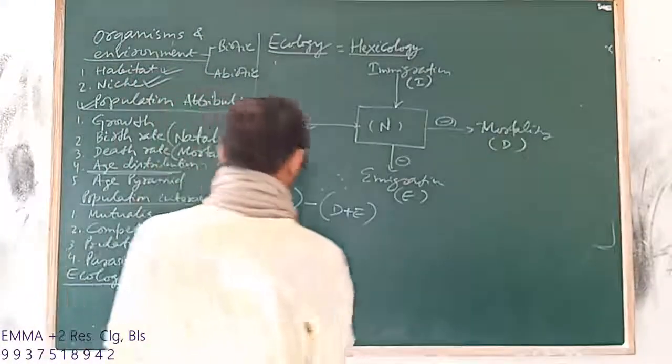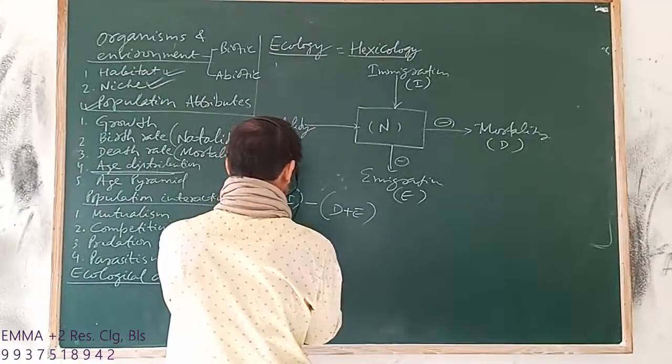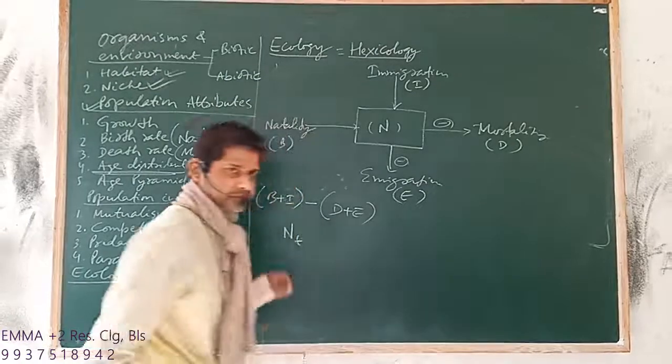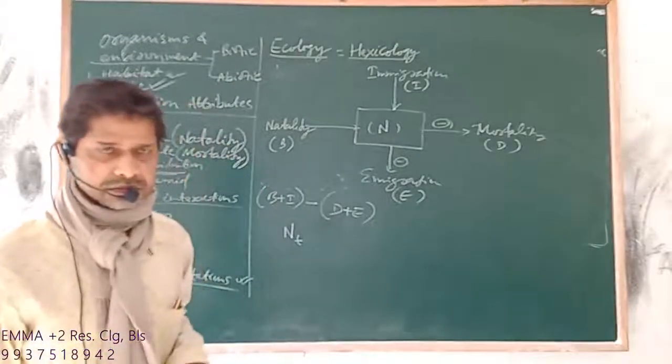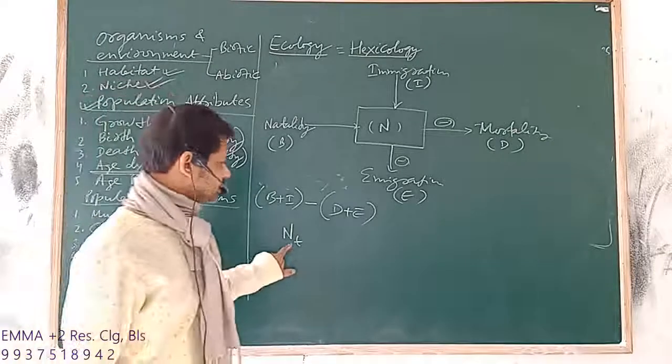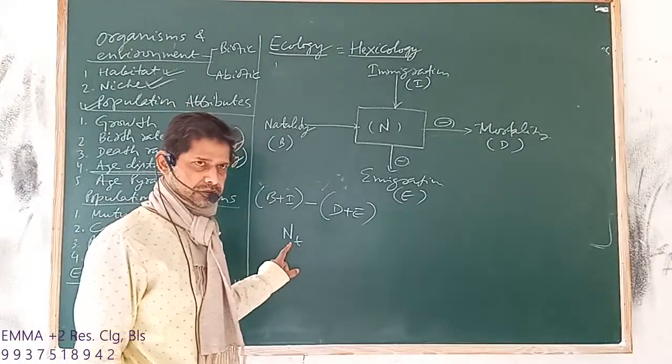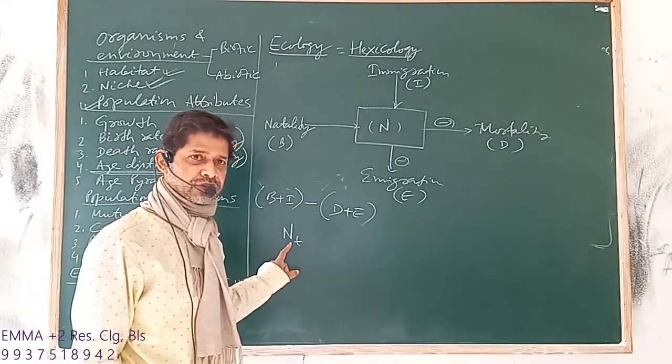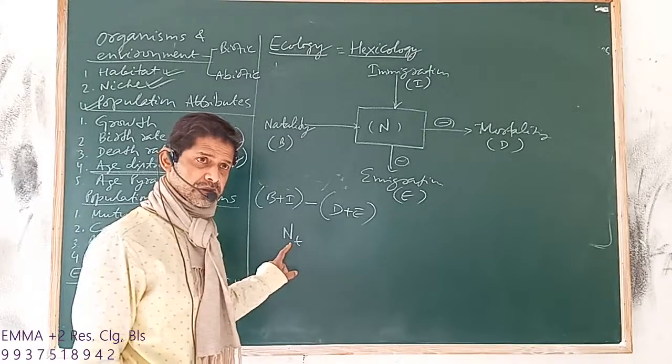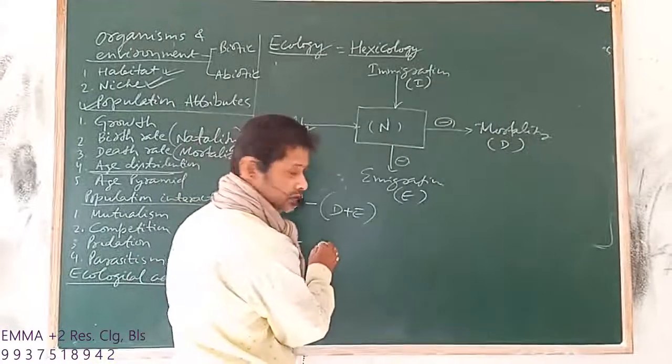Suppose population density at time t is Nt, suppose it is in 2000, today is 2020, that means t plus 1.